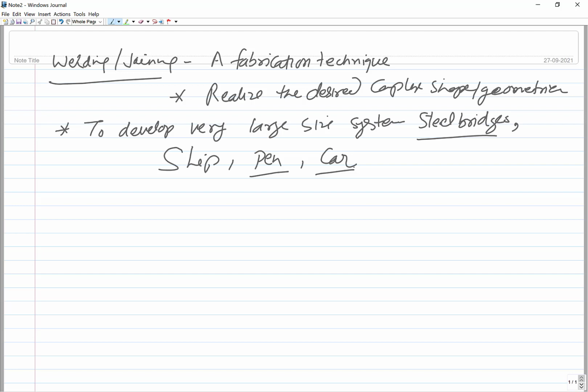So of course they will have a lot of difference in strength, physical, mechanical and chemical properties, and they may not have any commonality to develop a joint. So the approach is going to be completely different. These are the two main purposes of using joining: to develop large structures, or to come out with complex geometries.